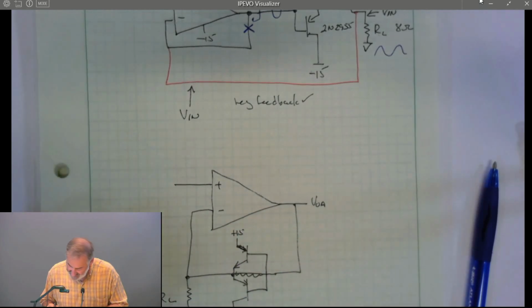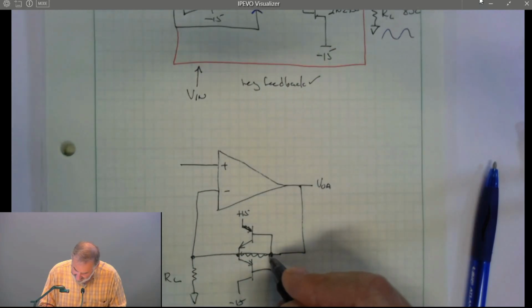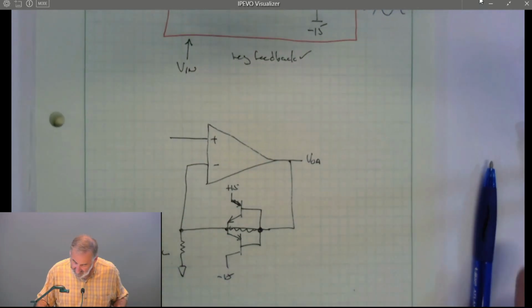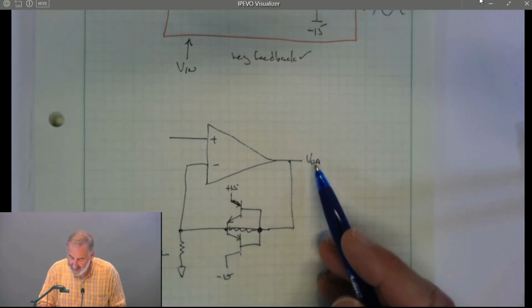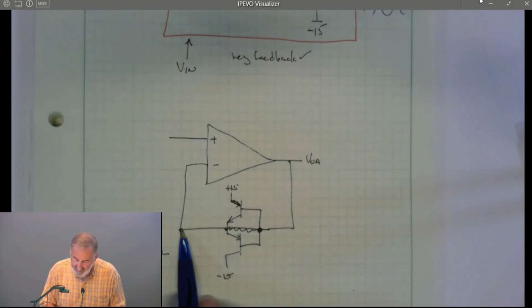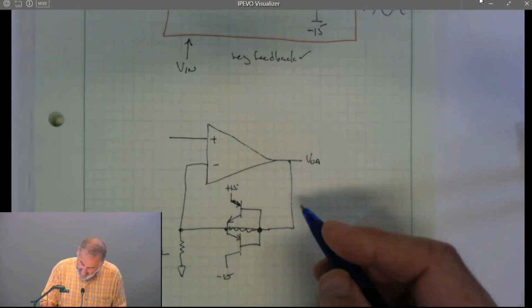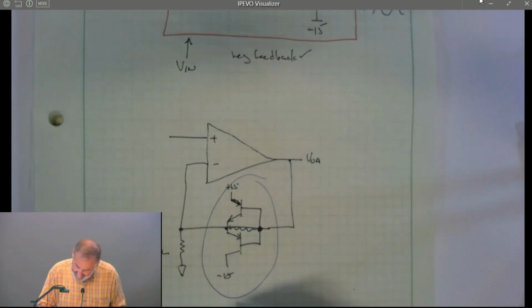Because it's a very strange way to draw it. But now we can see that we're not taking our output of the circuit from the output of the op amp, but we're actually taking it from the minus input of the op amp. So this is the feedback function.